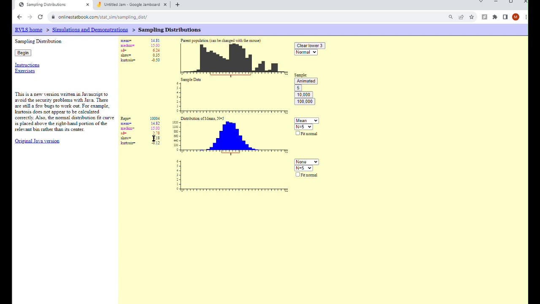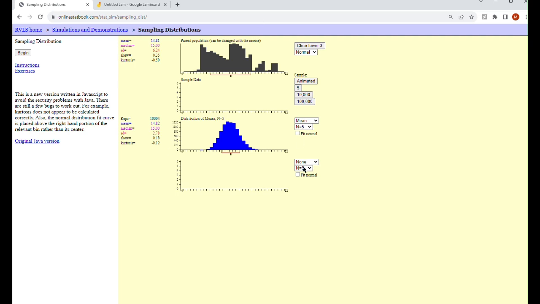So basically, the closer these values are to zero, the more normal your distribution is, right? What we can see is that our sampling distribution with a lot of samples ends up being very close to a normal distribution, with slight deviations, so approximately normal, right?